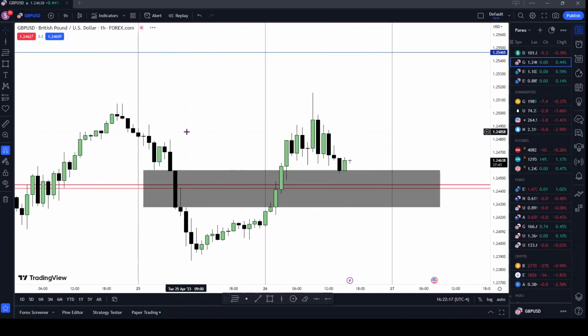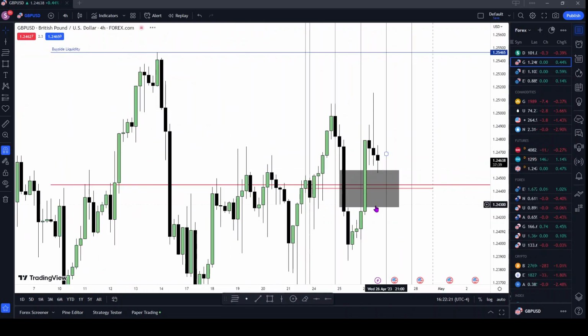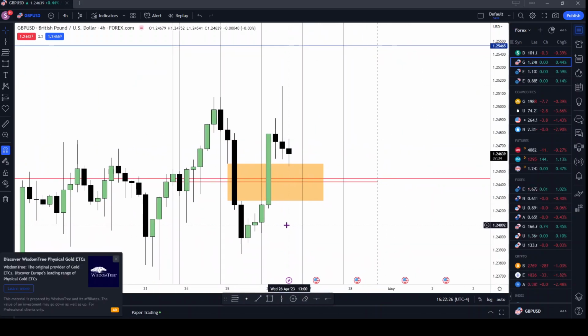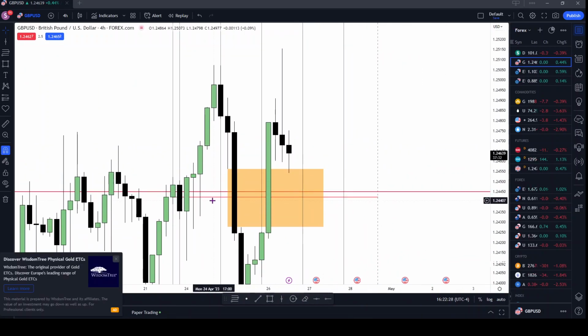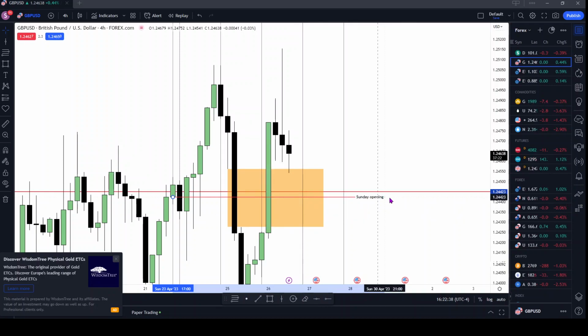So let's drop down to an hourly. Let me make a different color as well. Make it orange. Yep, so this is Sunday's open. Let me just mark that out. Sunday opening. There you go.